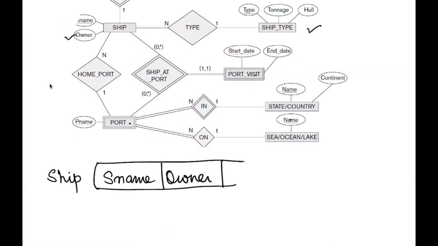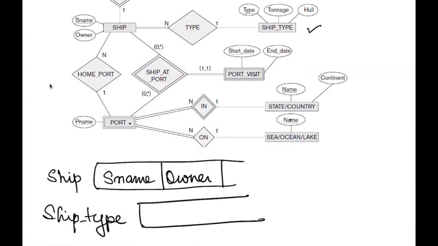So ship type has attributes type, tonnage, and hull. So we'll create these attributes.